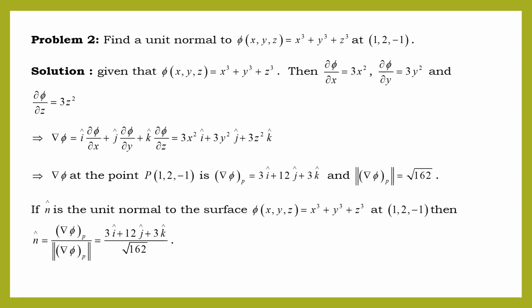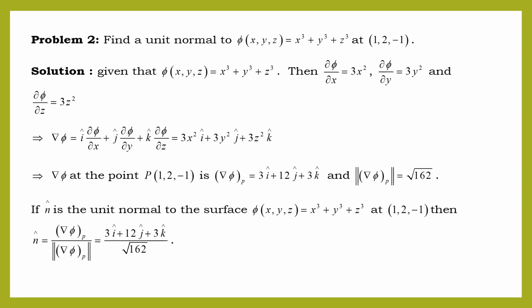We have already studied that the normal to a given surface is nothing but the gradient of the given surface at the given point. Let us find the unit normal to this given surface.